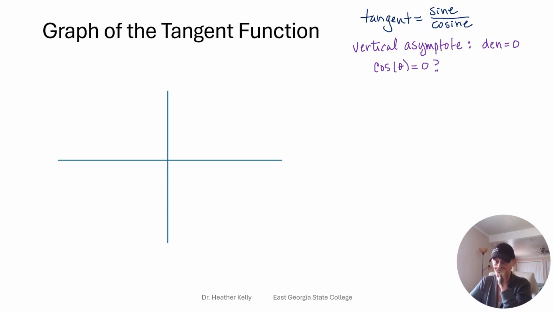And we know from the work we've already done getting to this point that cosine is equal to 0 at pi over 2. In fact, it's equal to 0 at all the odd multiples of pi over 2, okay? So the vertical asymptotes here are going to occur at the odd multiples of pi over 2.